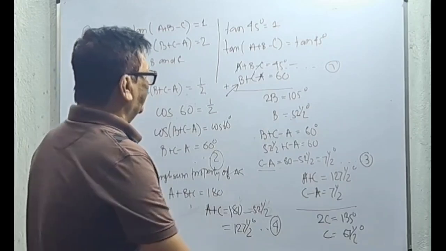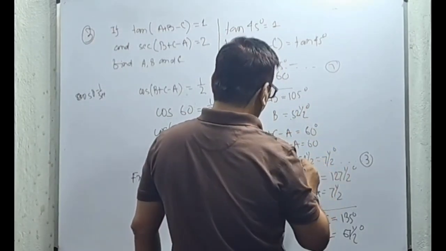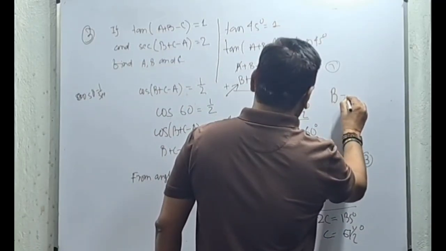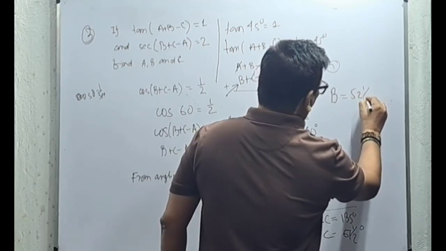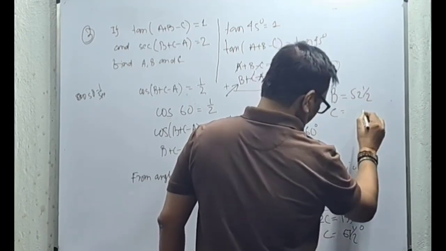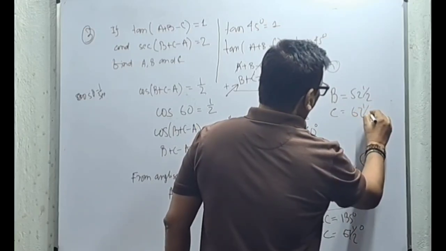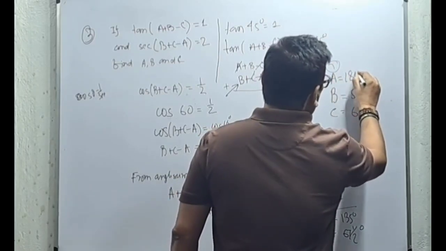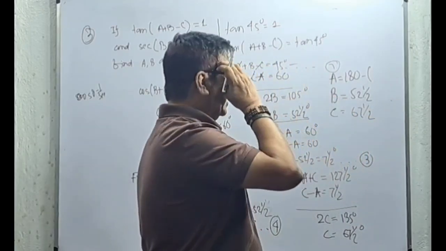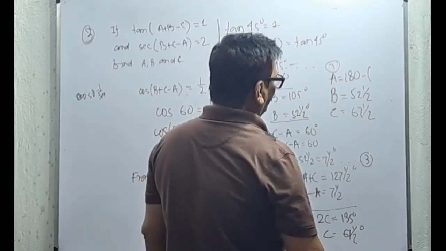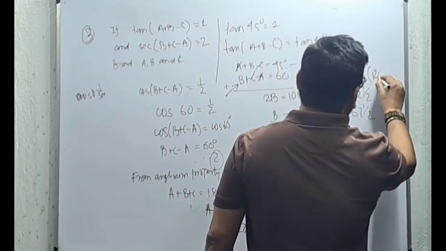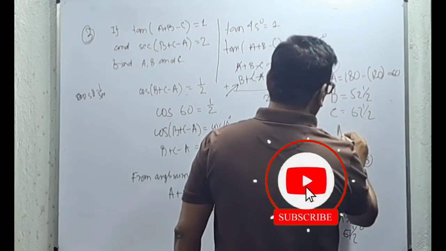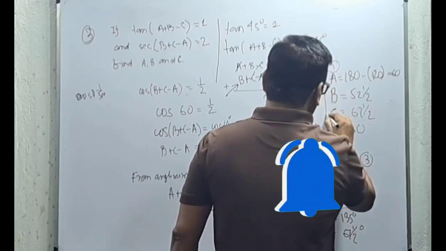Right? So we got the value of B right here. B is equal to 52.5. C is equal to 67.5. Therefore, A will be equal to 180 minus these two values added up, which is 120. That is equal to 60 degree. So A is equal to 60 degree, right?